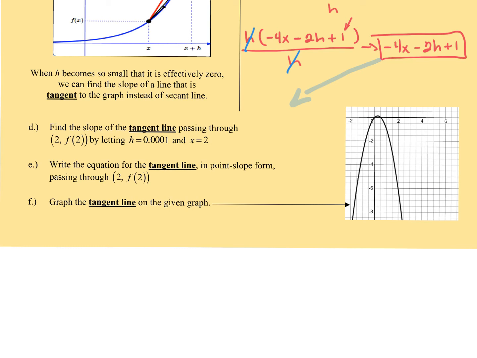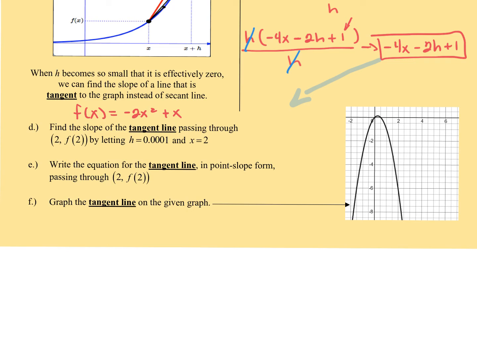What we want to do is find the point (2, f(2)). Now remember, f(2) is going to be the y-coordinate when we substitute 2 into our function. And then remember, our function in this case was f(x) = -2x² + x.